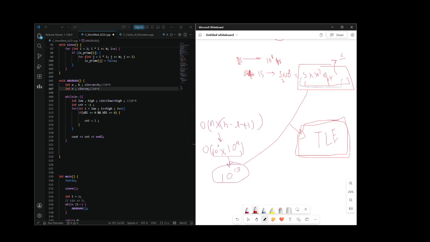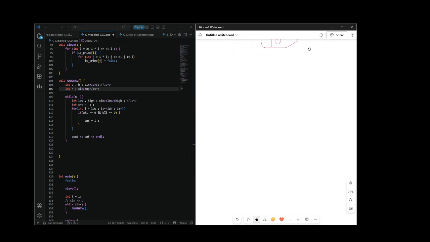Now, we need to think of something else, keeping this idea in our mind. We need to do actually this, but in a different manner. So first, what we are doing here, we are checking each possible divisor between low to high. So can we think of something else?